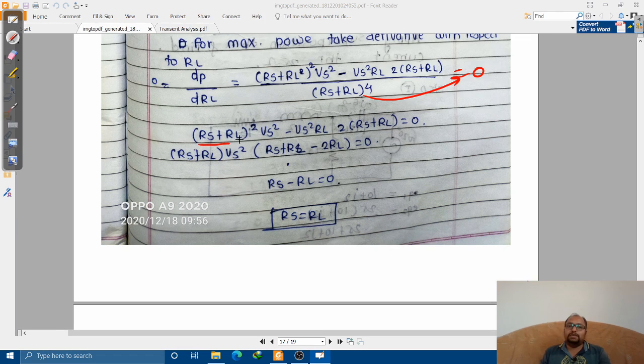Therefore (Rs plus RL) square into Vs square minus Vs square RL, this term, let us transfer to the right hand side, and let us make the simplification. Now let us expand this bracket and do the simplification.